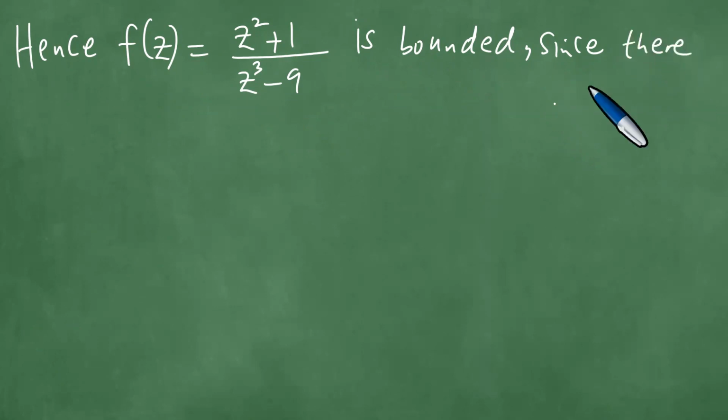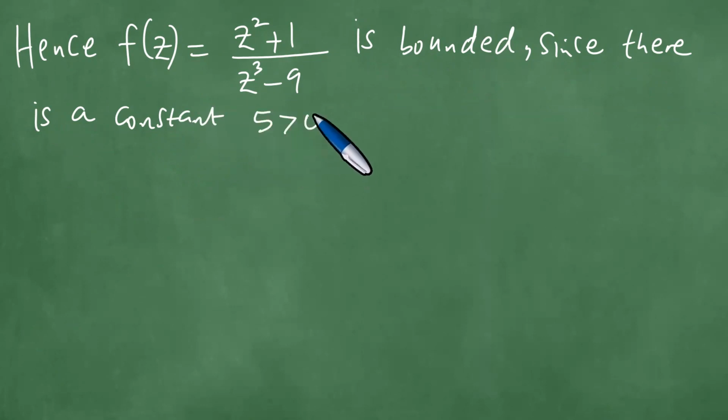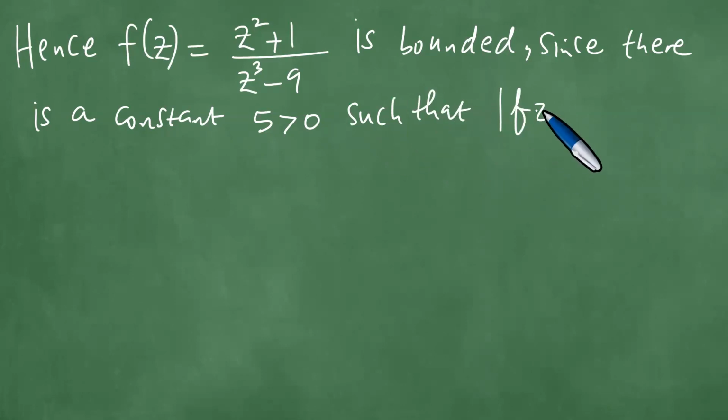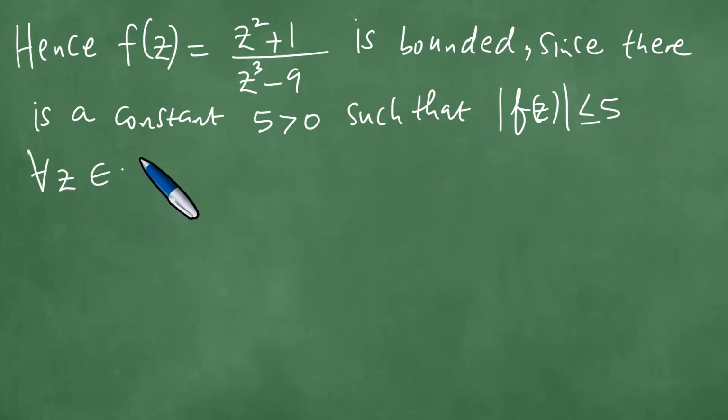Since there is a constant, the constant 5 positive, such that the modulus of f is less or equal to 5 for all z in the complex numbers, like this.